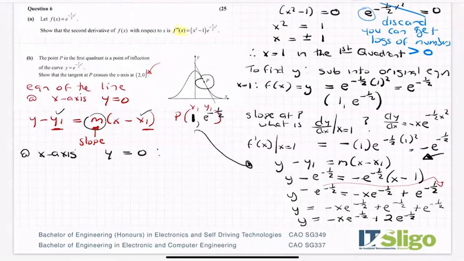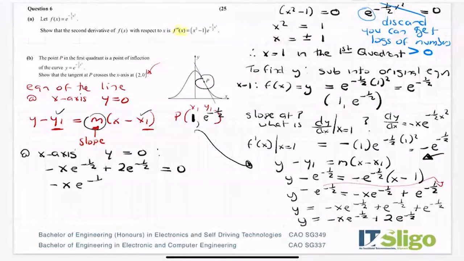Okay, so I would put into this equation here, I would let y equal to 0. Minus x e to the minus a half plus 2e to the minus a half equals 0. So that's my y. I just put it over the right-hand side because in my head it looks easier, but doesn't make any difference at all.